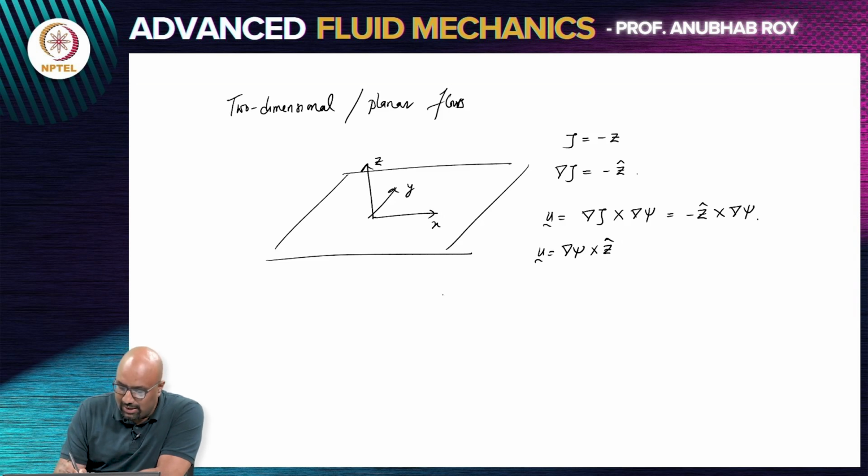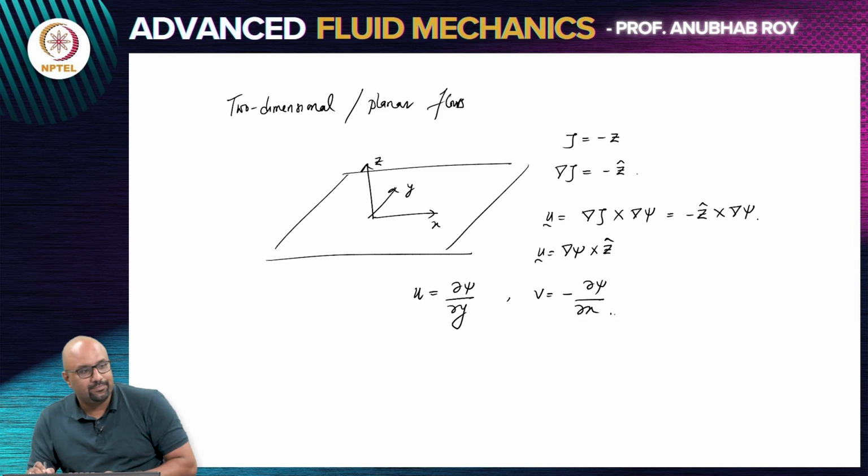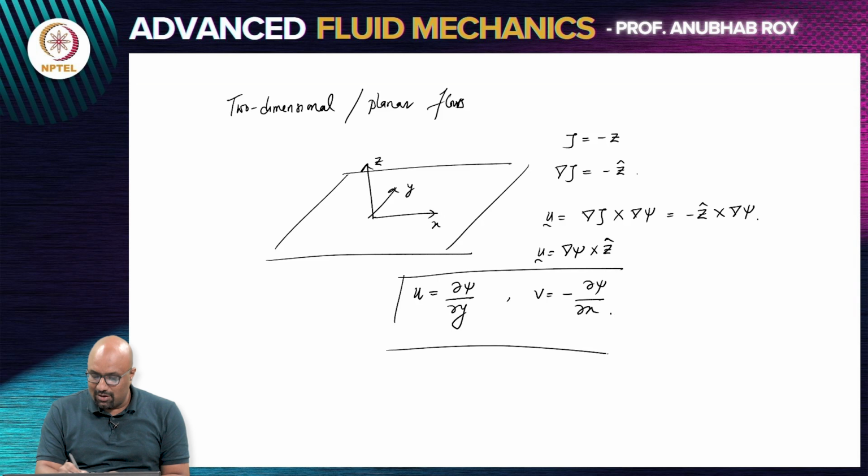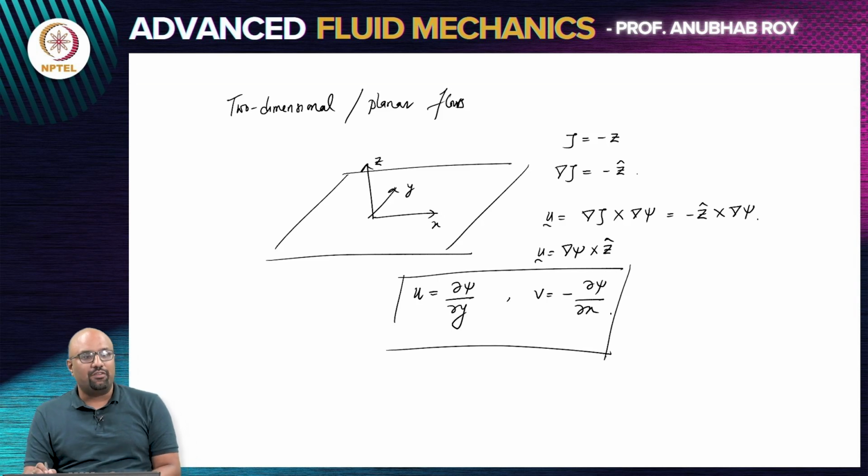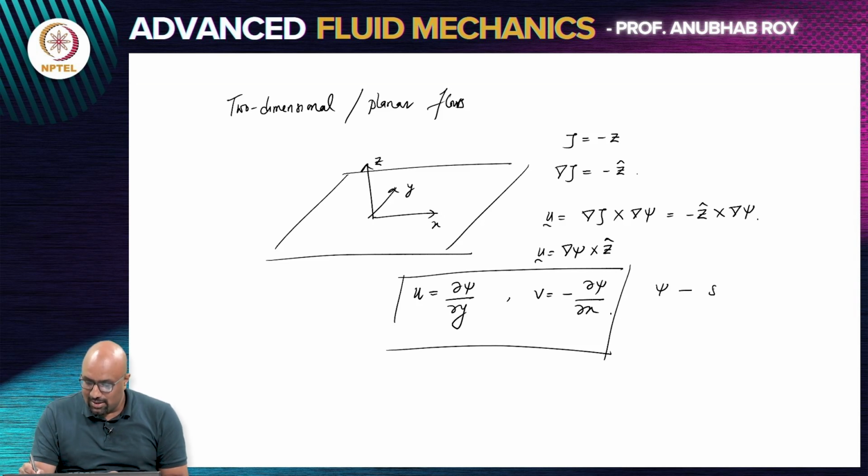If you now write the components of this, u will be dou psi dou y and v is going to be minus dou psi dou x. So, there is a single scalar function which is going to define any 2-dimensional flow, and psi is what is known as a stream function.